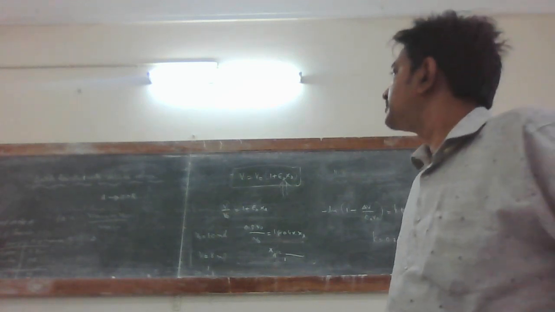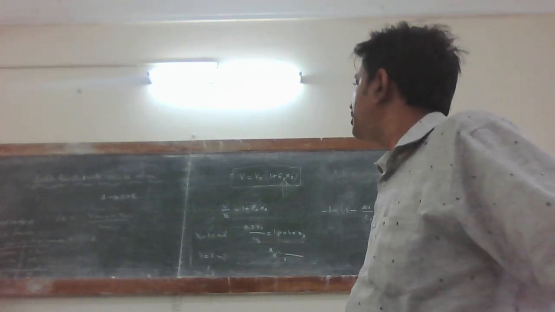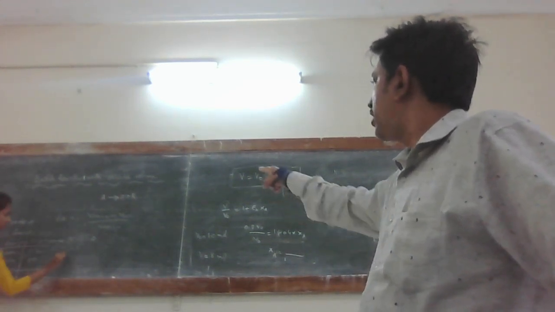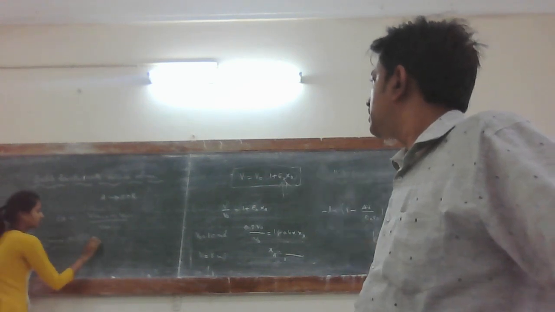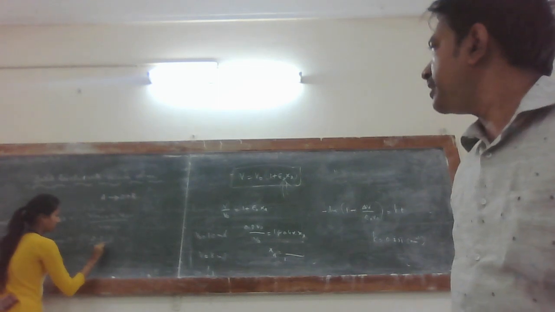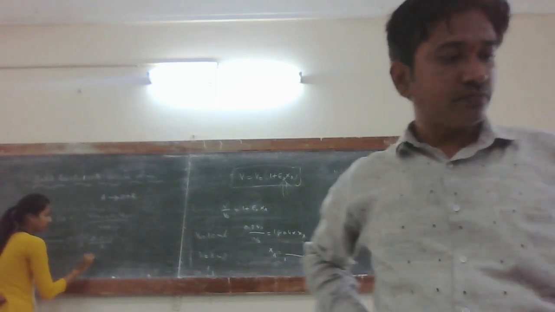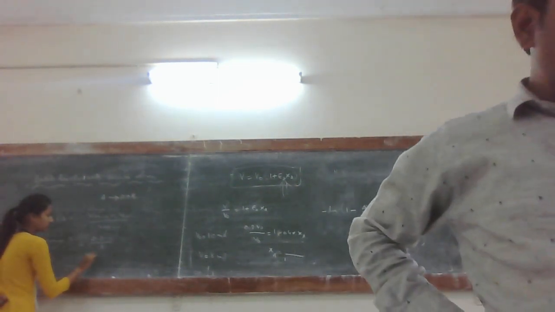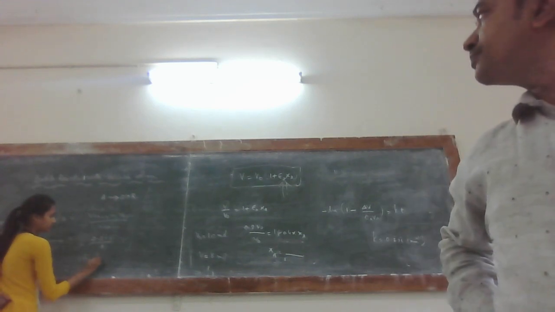So what is the answer? 2.2. Then the formula: 2.2 minus 1 by 1, which is 1.2.